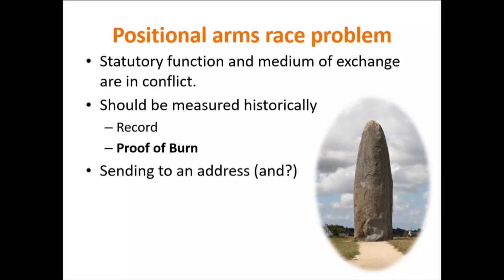Some experimental cryptocurrencies were created on the basis of proof of burn, which means that the new cryptocurrency, and in this case it would represent the status, is sent to an address which doesn't have an owner. There is no private key attached to that address.